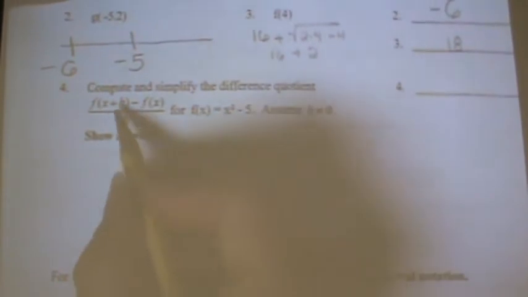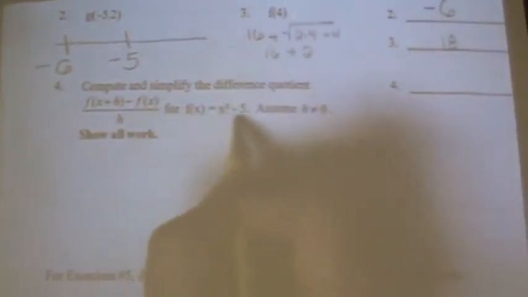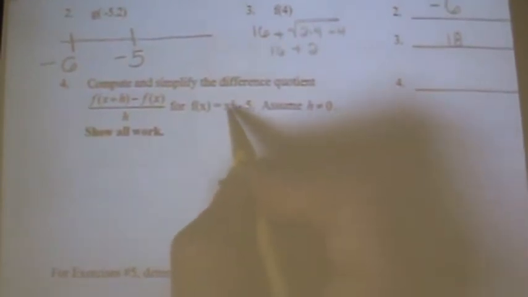Next one, what's the difference quotient rule? What you do here is you plug x plus h into this. So what is x plus h squared?